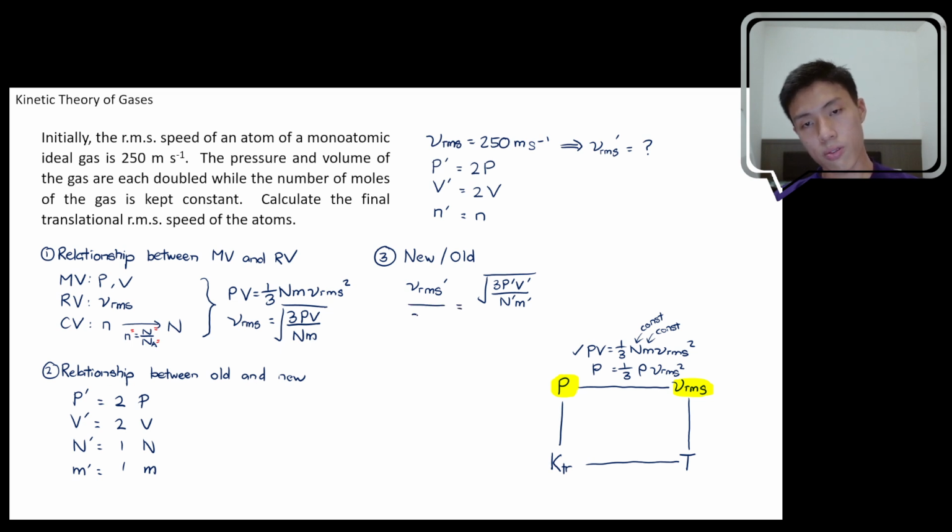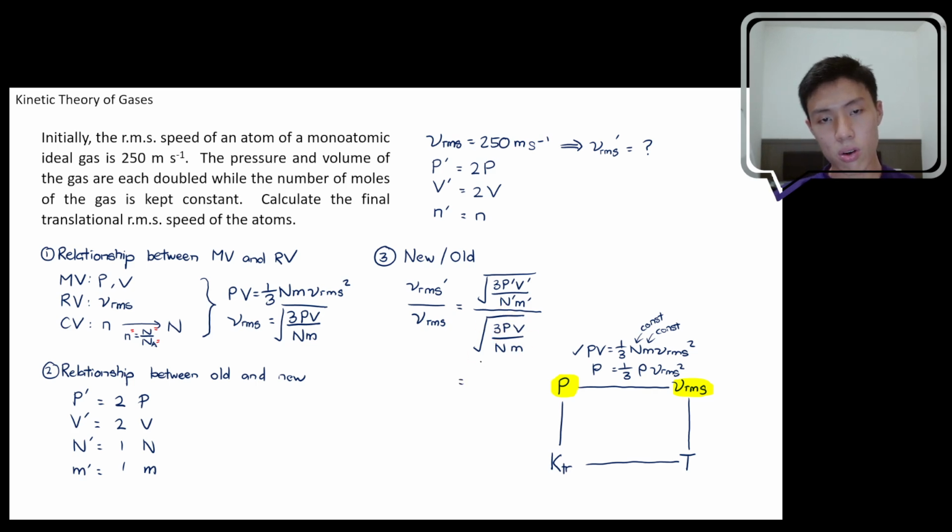The old version will be VRMS equals the square root of 3PV over NM. Okay, so we are taking just the equation that we've seen earlier. We prime everything to say that it's a new situation. Then we don't prime anything for the old situation.